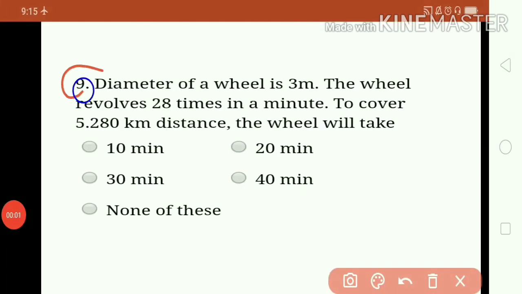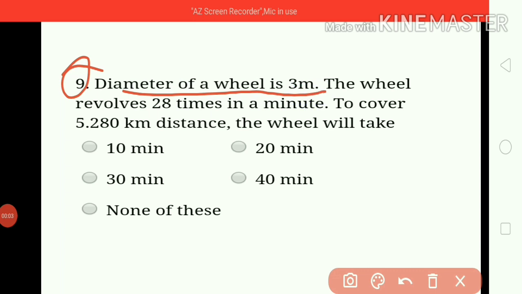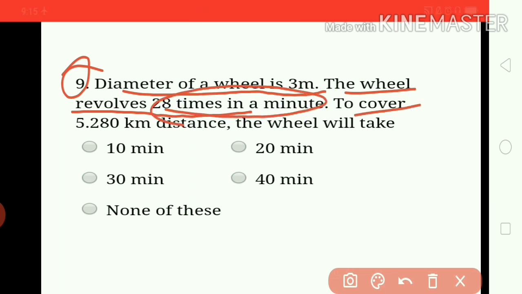Now question number 9. The diameter of the wheel is 3 meter and the wheel revolves 28 times in a minute. This is the speed, okay, to cover 5.280 kilometers distance of the wheel will take. Okay, how much time it will take, we have to find this one. Here we have given speed, that is 28 times per minute, and the distance traveled is 5.280 kilometers.